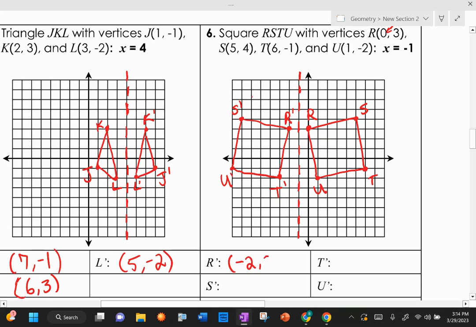Mr. Bennett, you put T and U on the wrong side. Thank you. I keep doing that. Are you an owl?